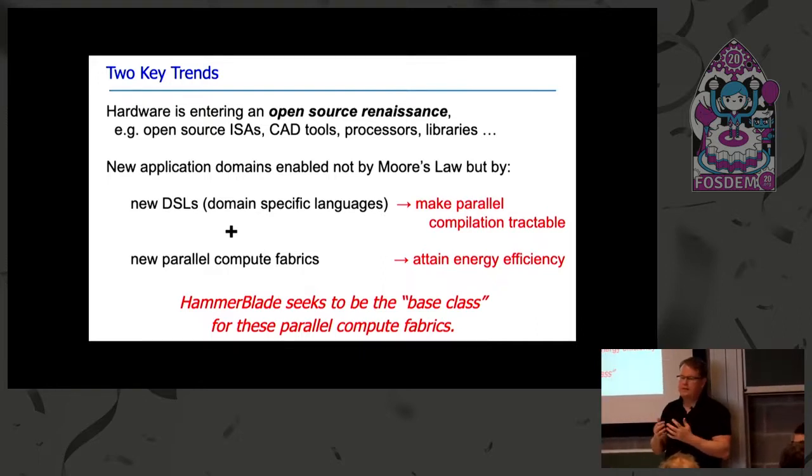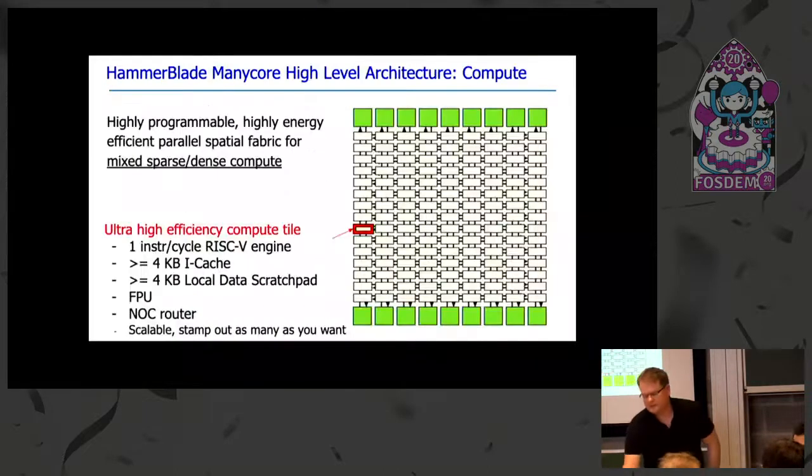And those are the things that are going to get us the energy efficiency that we need in order to get the high performance within a given thermal envelope. So the HammerBlade manycore is seeking to be the base class of these parallel compute fabrics that are needed for these new application domains.